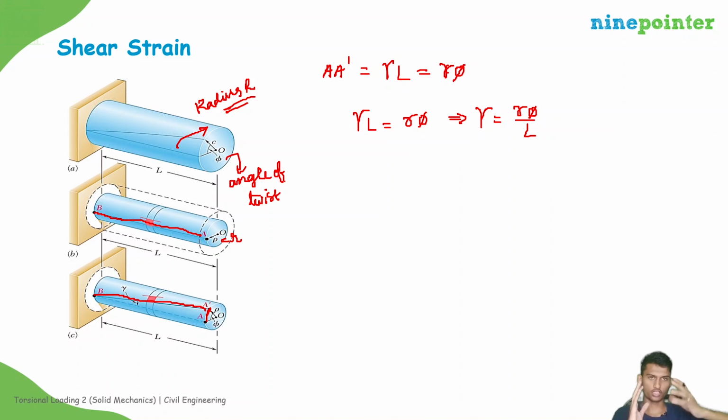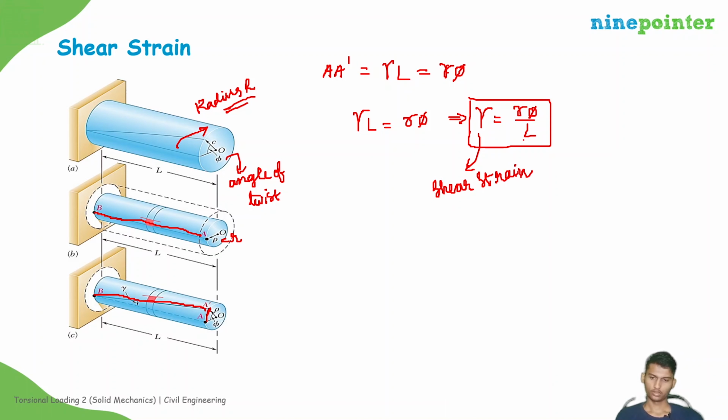Because of the torsion, how much angle it twisted? So that is angle of twist. So gamma is equal to r phi by L. Gamma is shear strain, r is radius from the center, phi is angle of twist, L is length.